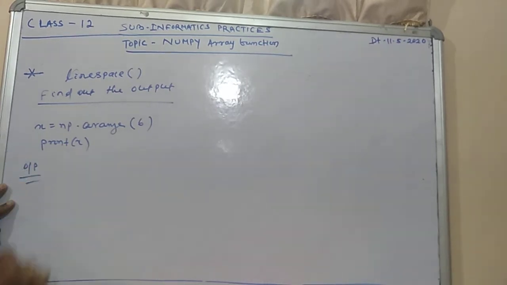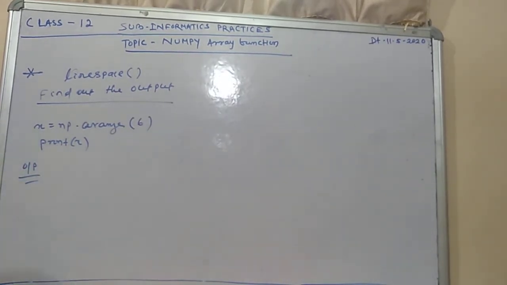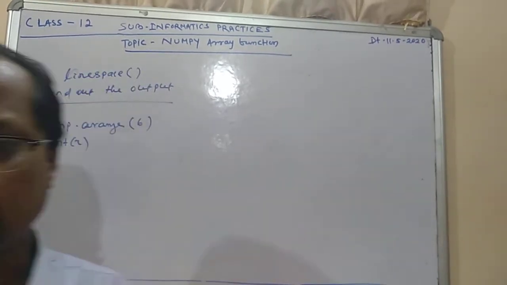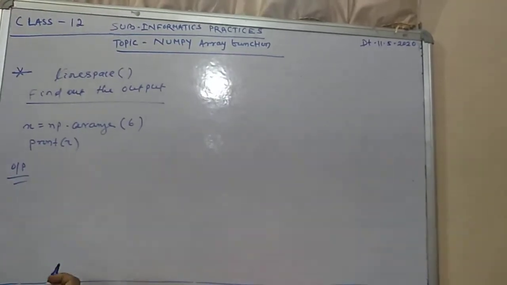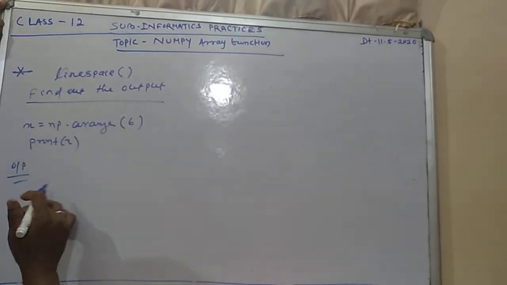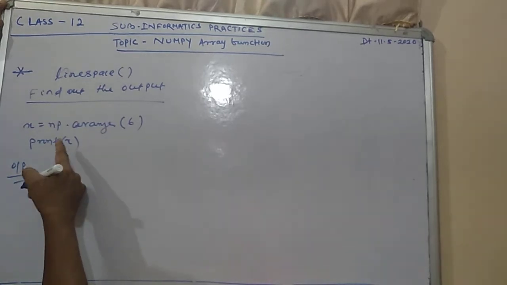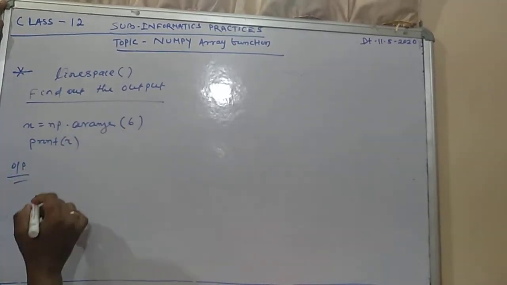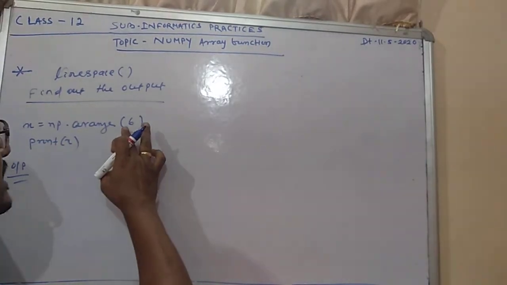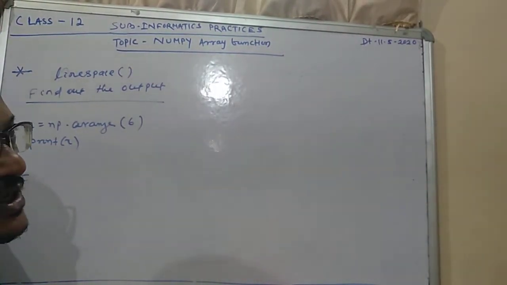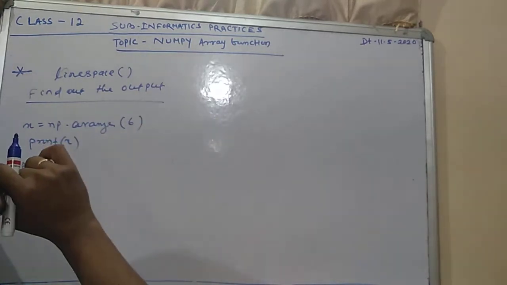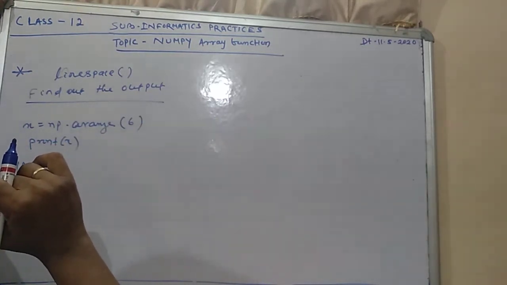As 6 we have given, there is no start and no step. Actually, a little mistake was made. So now see, x equal to np.arange(6), print x. As I told already, the start point is not given, only the stop is given, and the step is also not given.